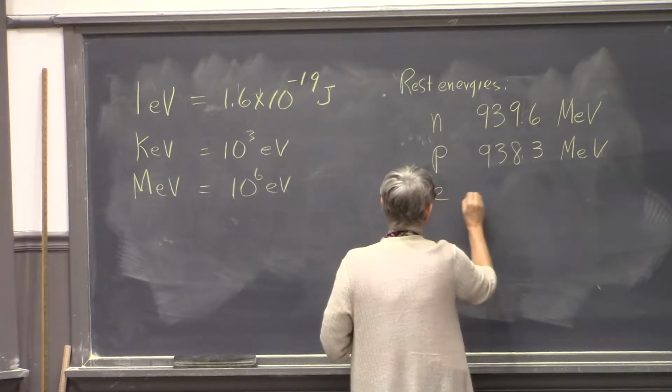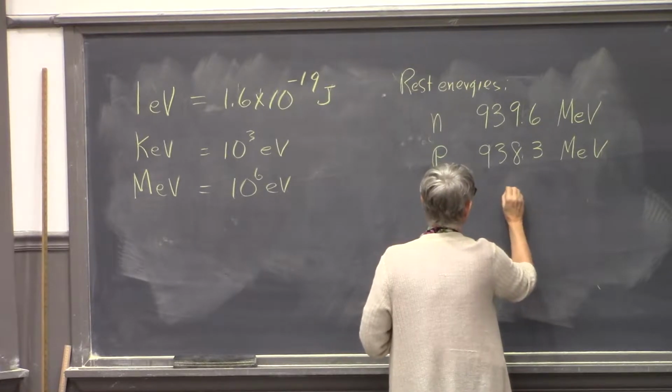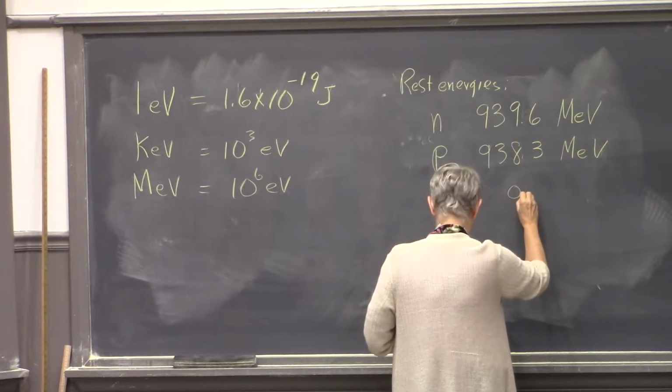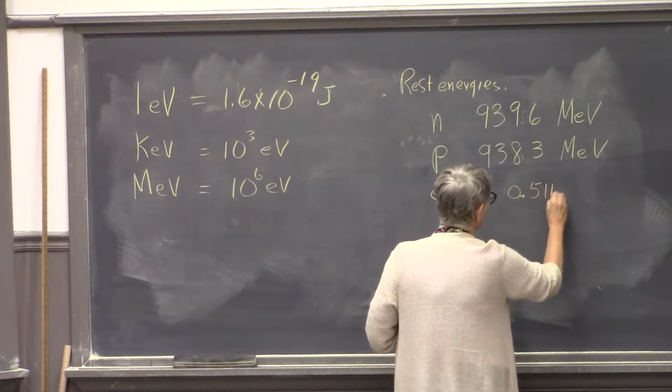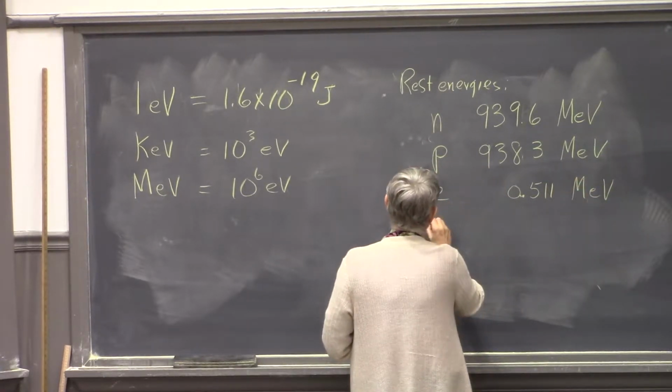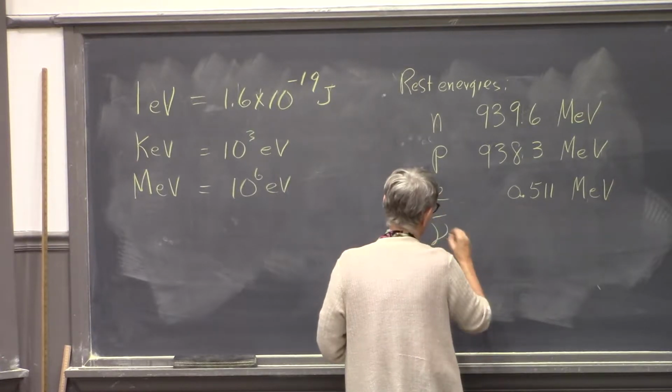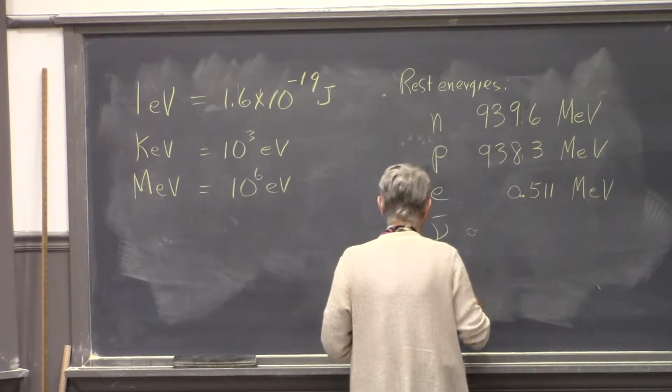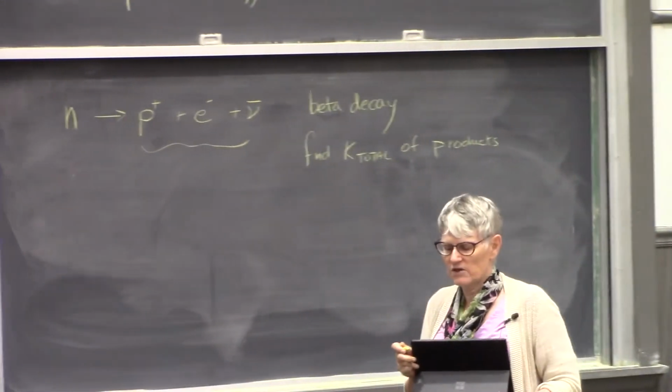The electron is 0.511 million electron volts, and the neutrino has an extremely small rest energy.